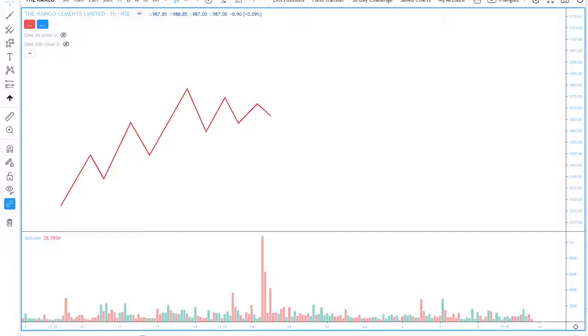Now, why is this pattern called a triangle? If you join the lows and the highs, you see it forms a triangle pattern, right?